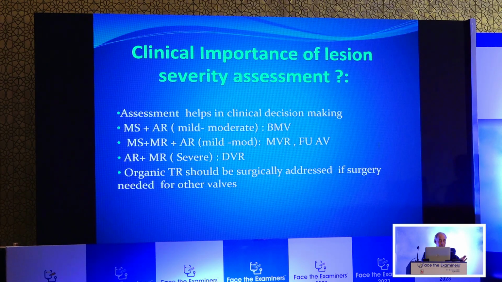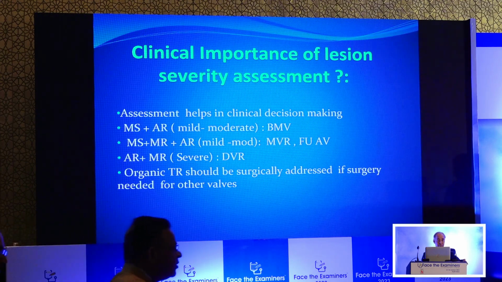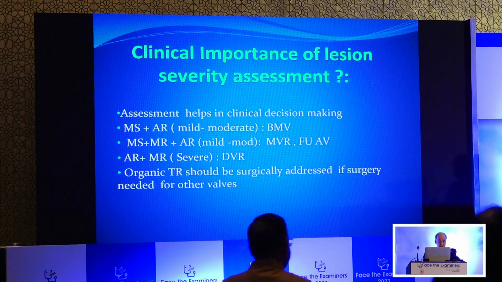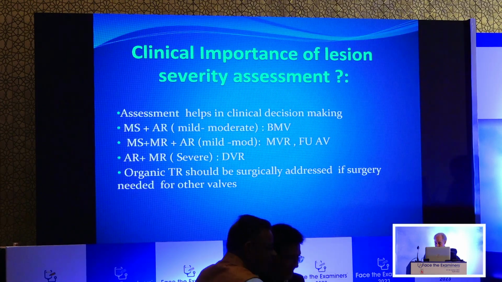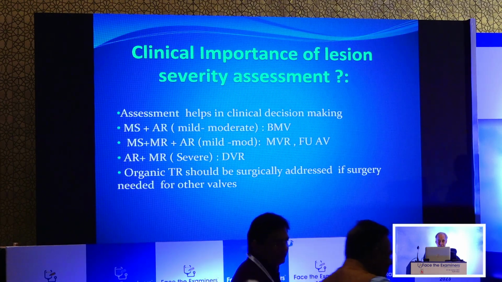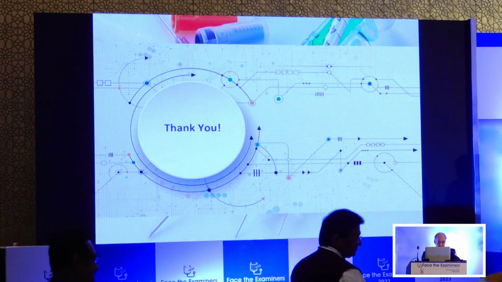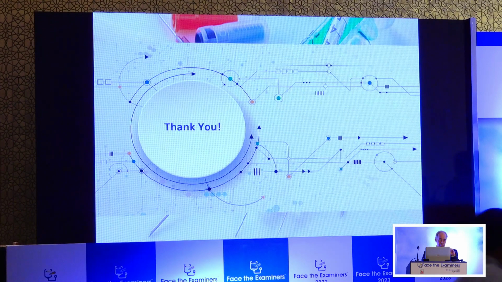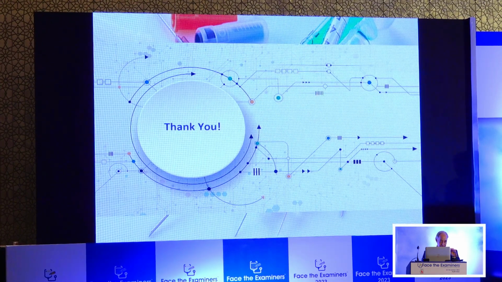And one should not forget, organic involvement of the tricuspid valve is important. Its incidence increases with the number of valve lesions, and if there is a significant organic tricuspid regurgitation, and the patient is going for surgery, the tricuspid valve should be tackled at that time. I think I'll close here, and I'll be happy to answer any questions if there's still some time left.